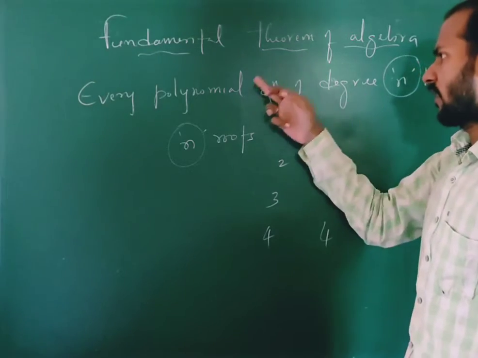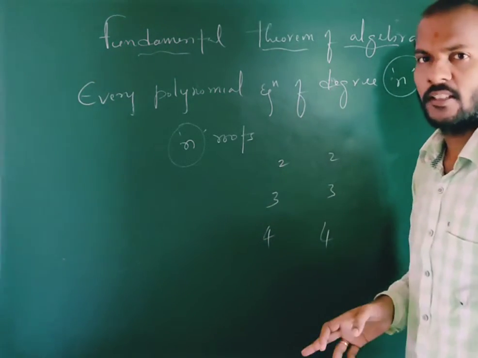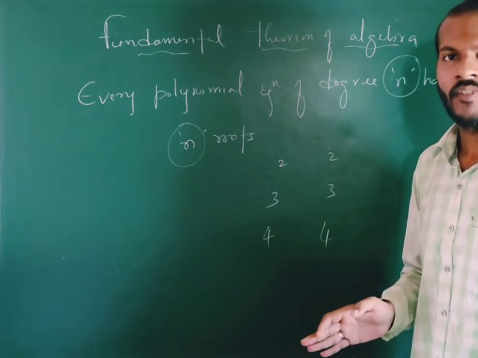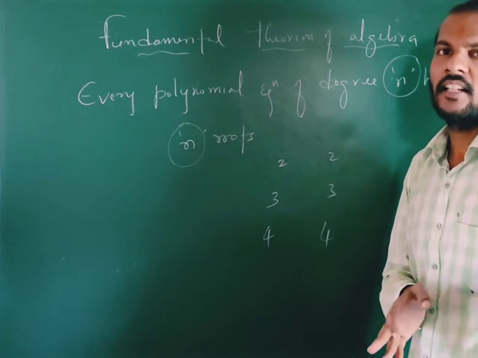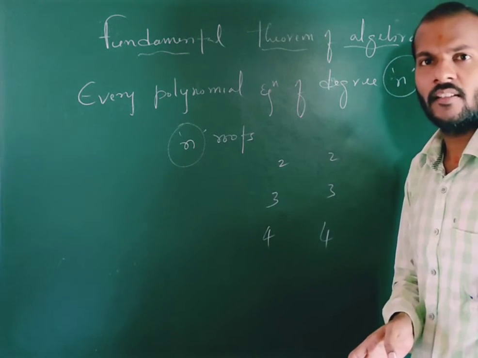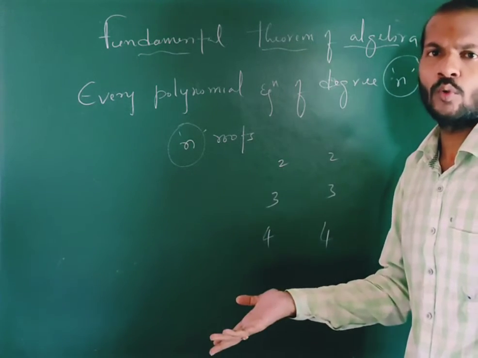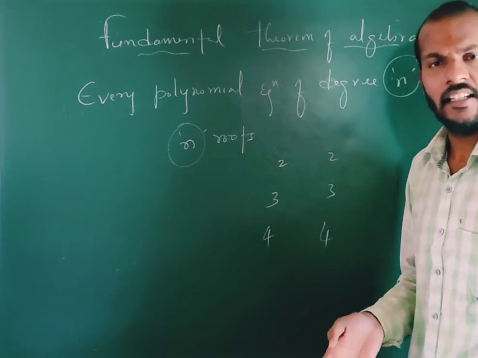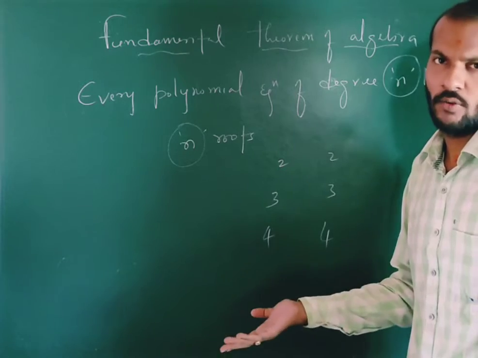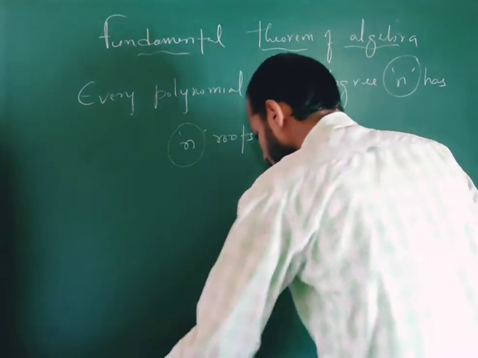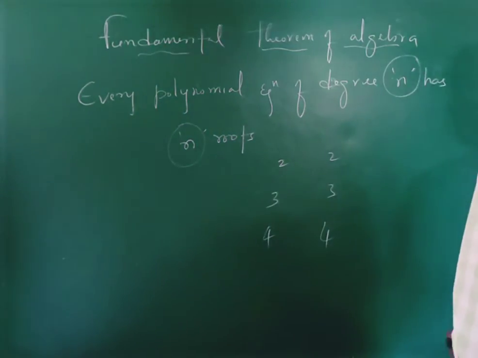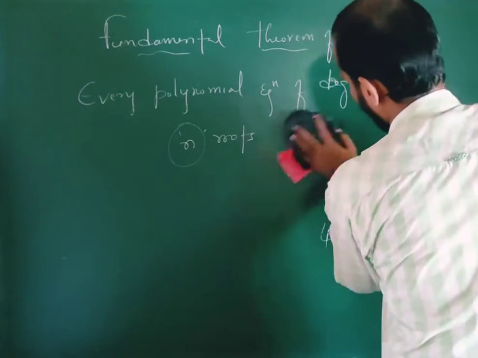So with respect to the fundamental theorem of algebra, if an equation has degree 2, we can say it has 2 roots. If it has degree 3, it has 3 roots, right? It is just a statement. There is no need of proof for this one.